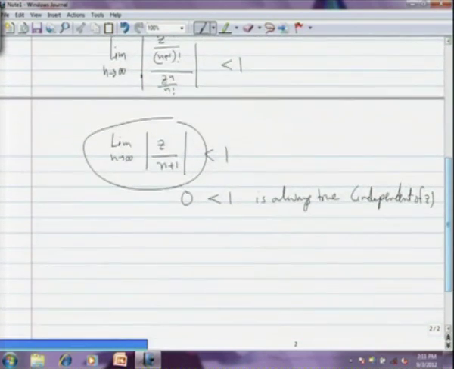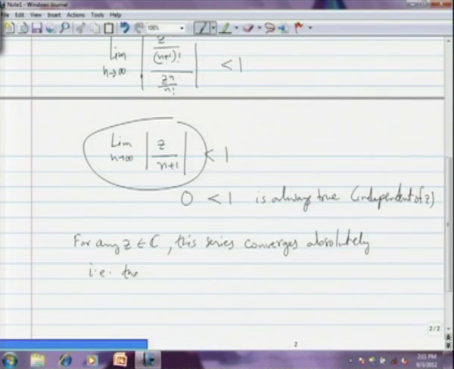So, what you have is that for any z belonging to C, the given series converges absolutely, i.e., the radius of convergence is infinity.